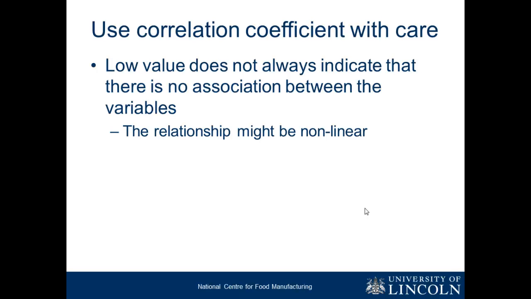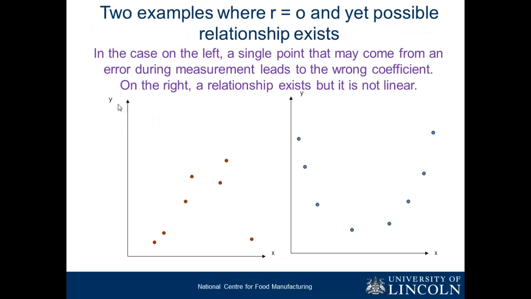Okay, so like I said, a low value does not indicate that there's no association between the two variables. If you have a very low value, it doesn't mean there's no association. The association might not be linear. For example, you might have a relationship where this looks like a curve, and on the left hand side, it also looks like a curve.